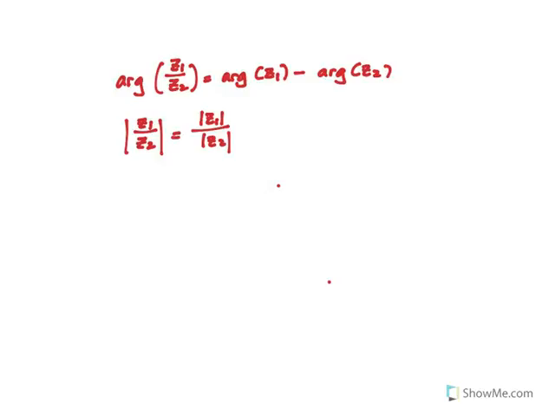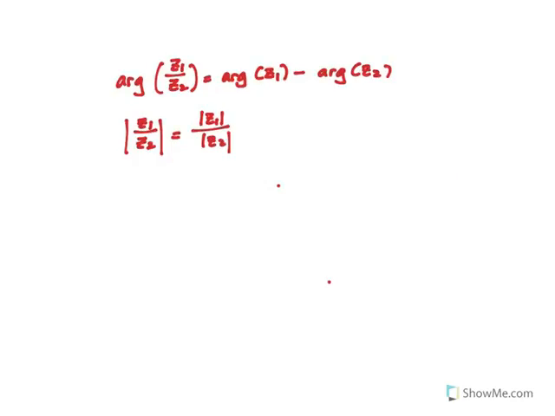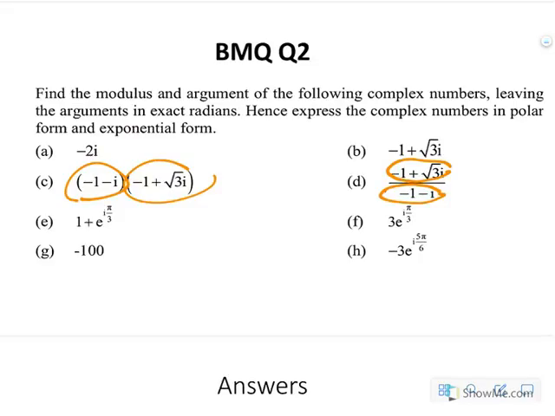If you remember, this part D has complex numbers, let's say I call them Z1 and Z2, which are actually similar to your questions earlier on from part C. So from part C, we can take away that the argument of -1 minus i was -3 pi over 4, and the modulus of -1 minus i is equal to square root 2.